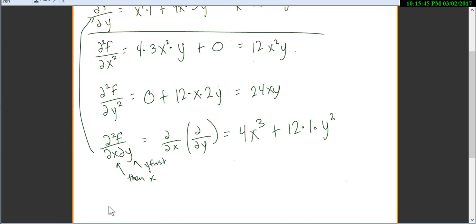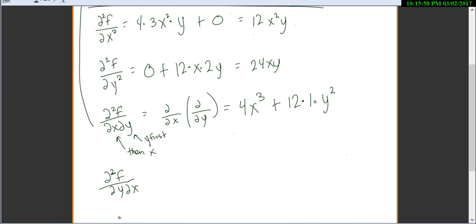And our very last one is the second mixed partial. And we'll do x first and then y. This means x first, then y, because you work from the inside out.